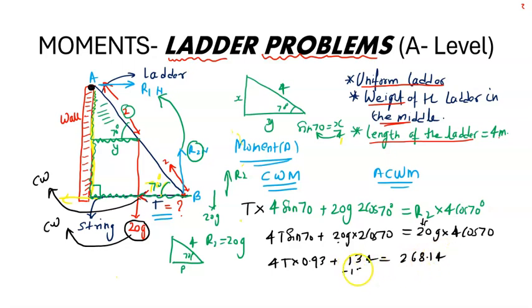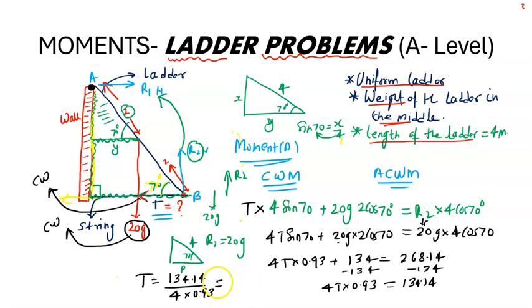If we subtract 134 from both sides, we are left with 134.14, and it is T times 4 times 0.93. So what should be the value of T? T is 134.14 divided by 4 times 0.93, and if you simplify, it will be nearly 36 Newtons tension.